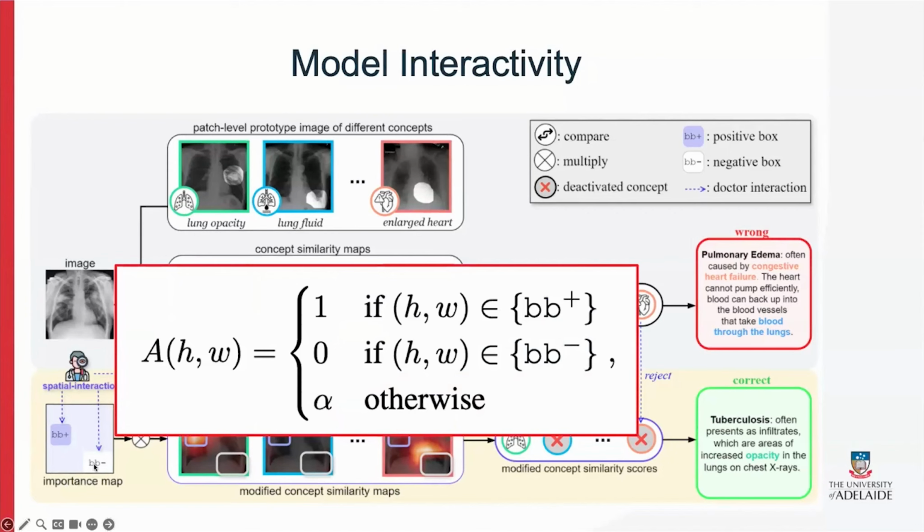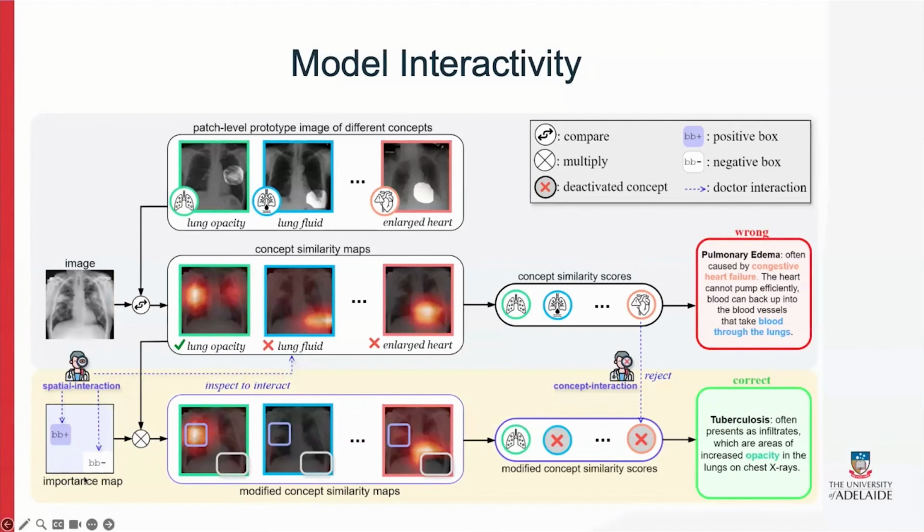So this box will form an importance map as in the formula here, where we form A, and A has the value of 1 for all of the pixels within the positive bounding box, and 0 for all of the pixels within the negative bounding box, and alpha from 0 to 1 otherwise. And this importance map will be used to modulate all of the concept similarity maps here.